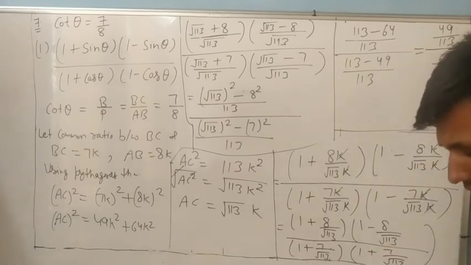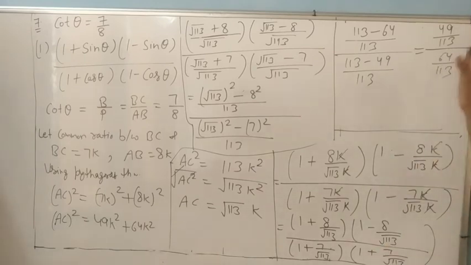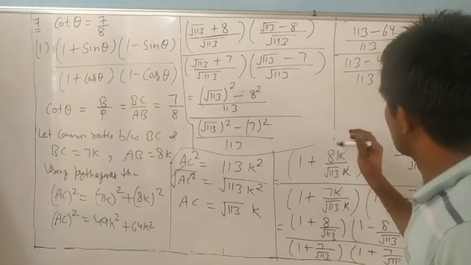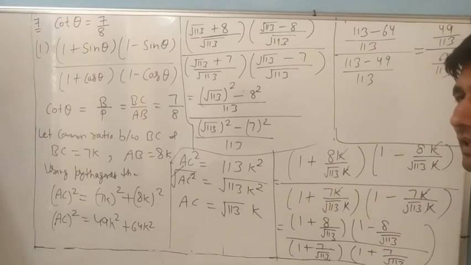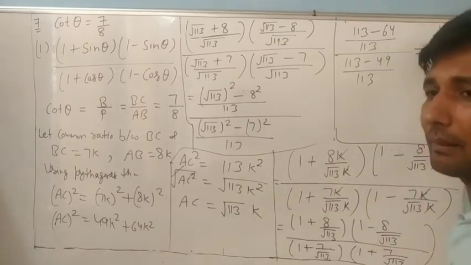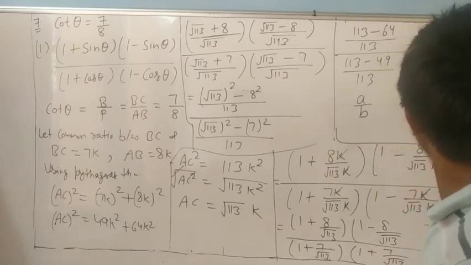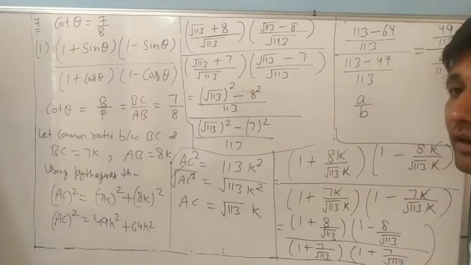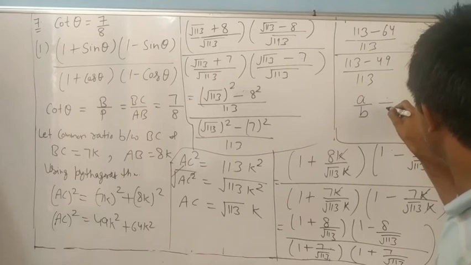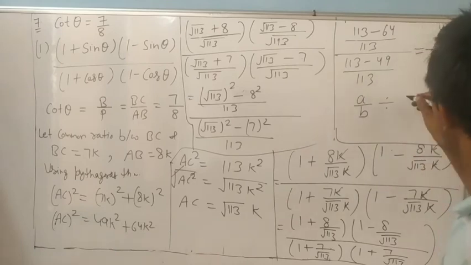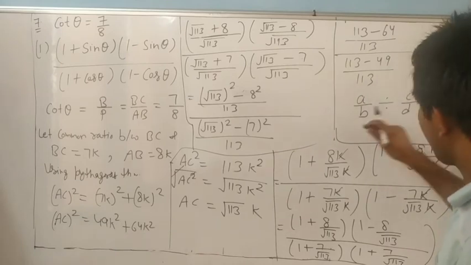Okay dear, it's very simple how to solve it. Look at what is the meaning of this one. Do you remember in the 7th class, a divided by b, and this is the symbol of divide, and c divided by d. And how to solve it?